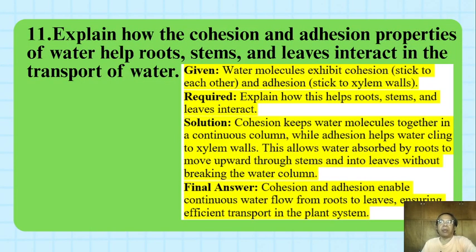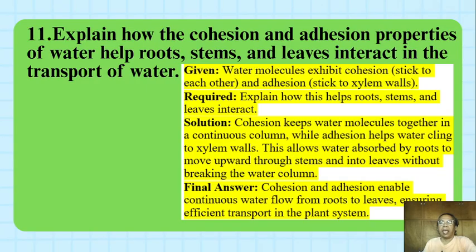Number 11. Explain how the cohesion and adhesion properties of water help roots, stems, and leaves interact in the transport of water. So we're given water molecules exhibit cohesion, stick to each other, and adhesion, stick to the xylem wall.